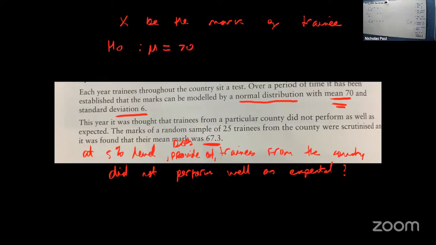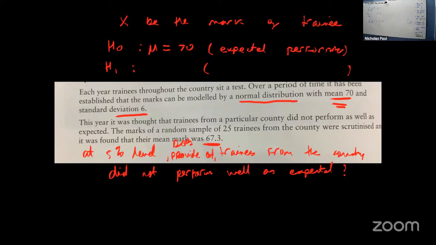Right. H1 now. That's the hard thing. So mu being 70 is what you expect. This is the expected performance. Now, H1 will be the trainees have not performed as expected.